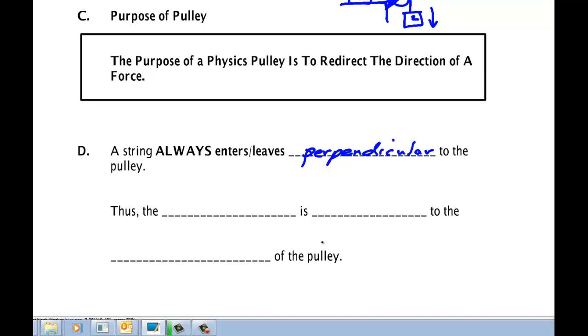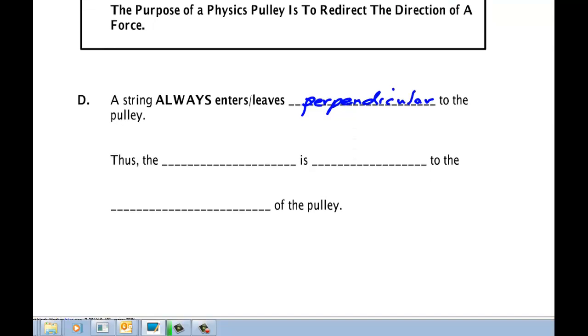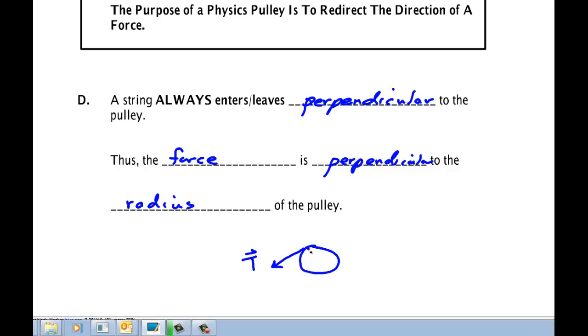So that means that the force is perpendicular to the radius of the pulley. So if you pull down at a particular point like that on a string, you can be sure that that string makes a right angle with respect to the radius.